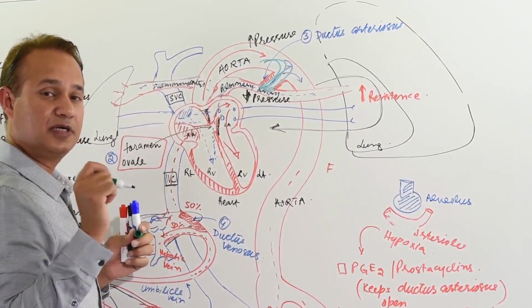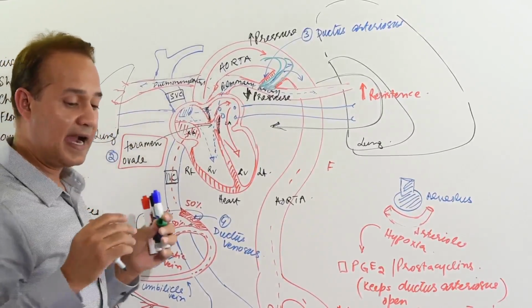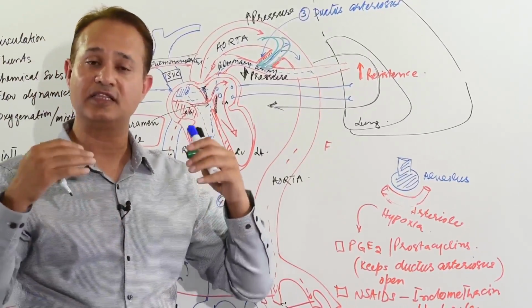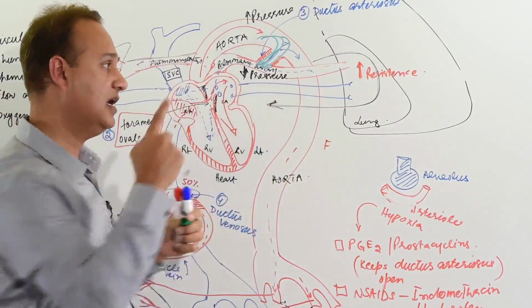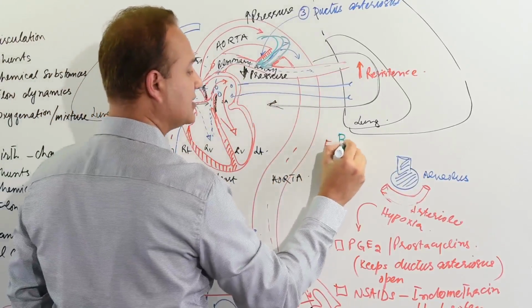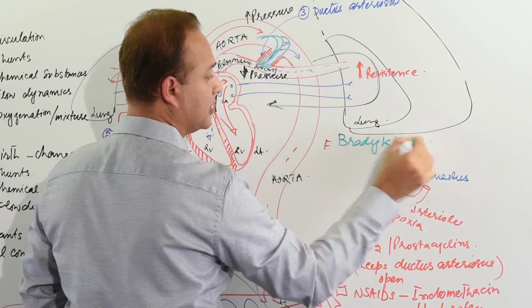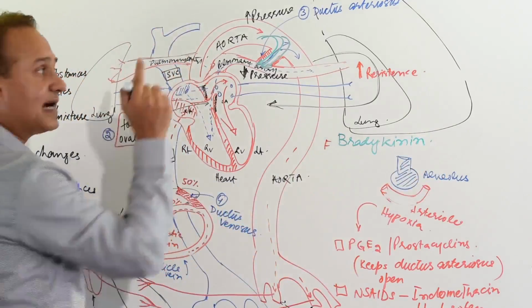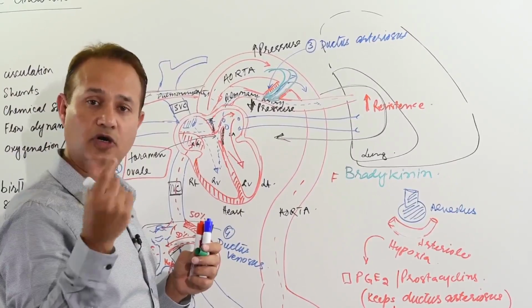Now, consider these two or three things. Note them down, please. Number one, at the time of birth, in the beginning of the first breaths, when the lungs are expanding, lungs release bradykinin. This bradykinin acts on the ductus arteriosus and causes it to contract.